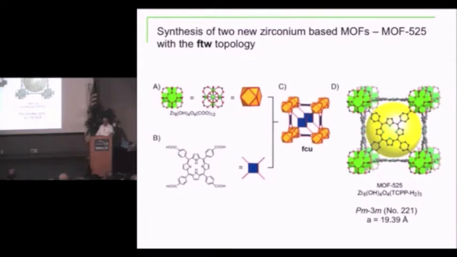But the challenge for a while was, could we have them sit in water? Could they be prepared in water? Could they be made to be chemically stable in acid and base? And finally, that dream has come true with these zirconium MOFs.